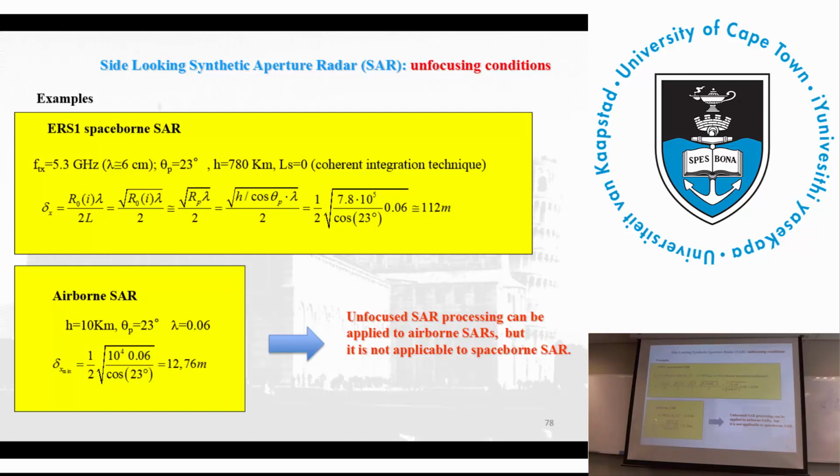But if you apply the same thing for an airborne SAR, with these parameters, and this is even flying quite high, you can get better. You get a resolution of 12 meters, which is not a great resolution, but it's not too bad. So with an unfocused SAR, for an airborne SAR type of system, it still buys you something.